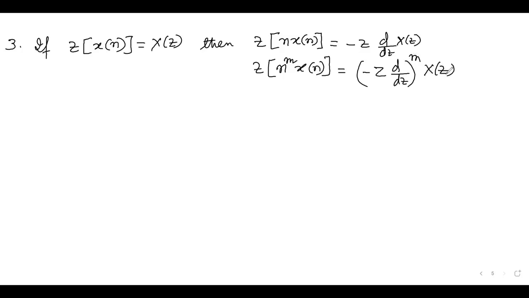It seems basically like nothing, a very easy thing. For example, say we want to find the z transform of u[n]. What is the z transform of u[n]?